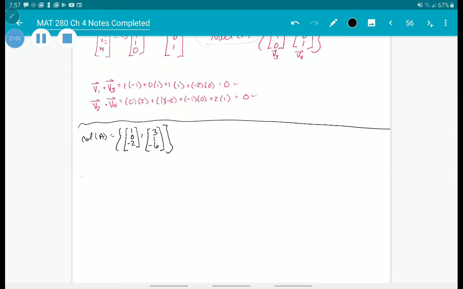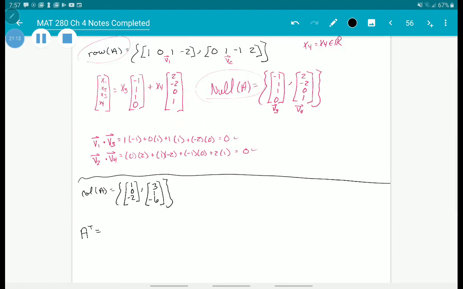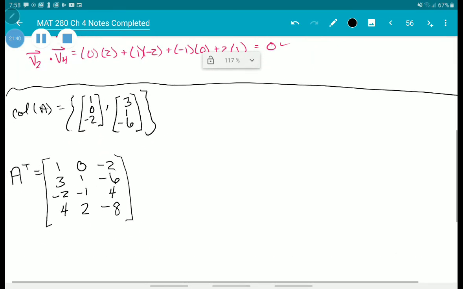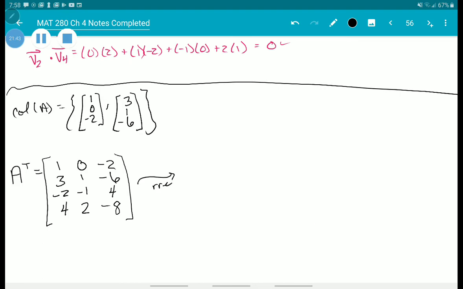Now let's look at the null space of A transpose. So A transpose, let me make this smaller so I can see my A. There's my A transpose. Let's do RREF.